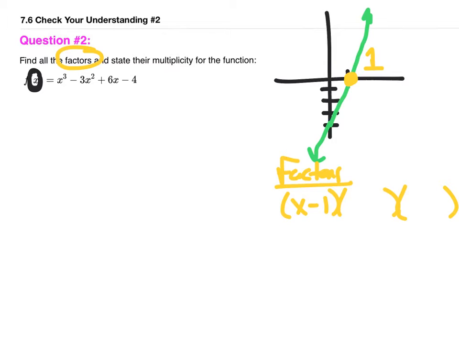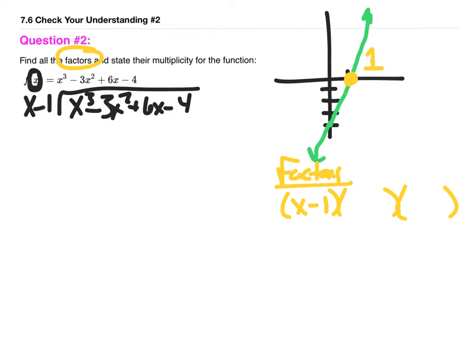What I'm going to do is long divide this out of my polynomial. To get started here, to make x an x cubed, I need an x squared, and then I'm going to multiply that through. That's going to give me x cubed, and then a negative x squared. I need to come on and actually subtract that, so that becomes negative and positive.